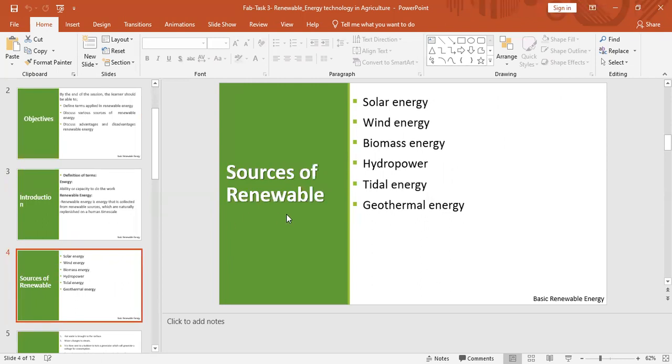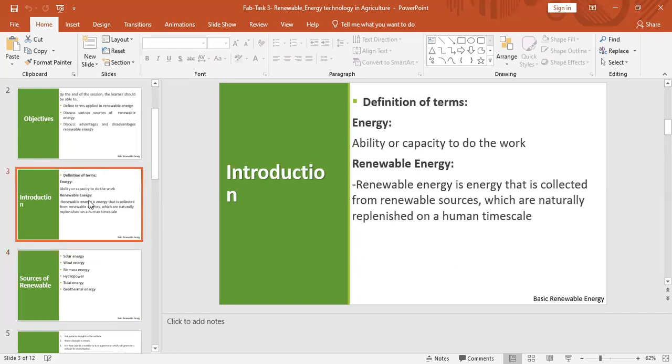Another subtopic we will look at is sources of renewable energy. Class, what are sources of renewable energy? We have solar.